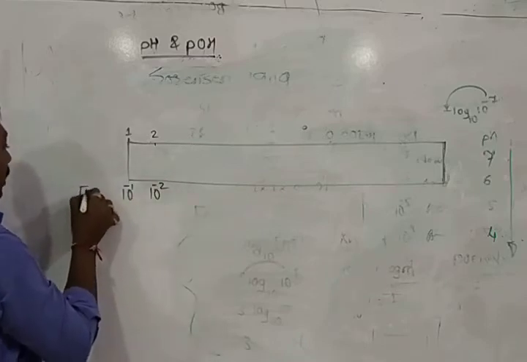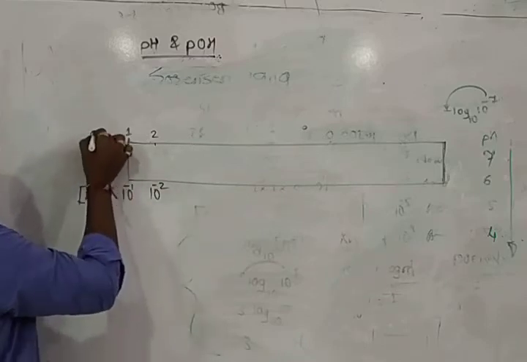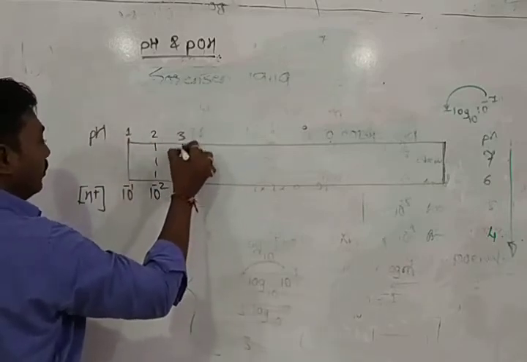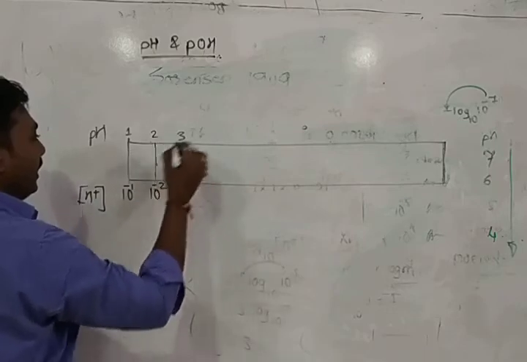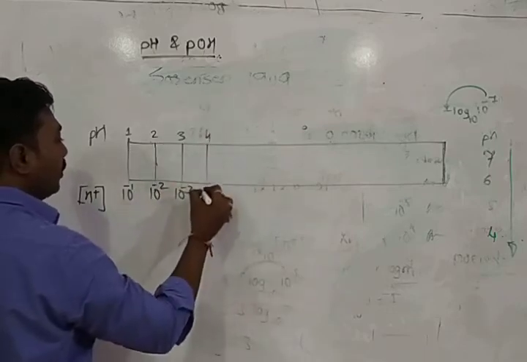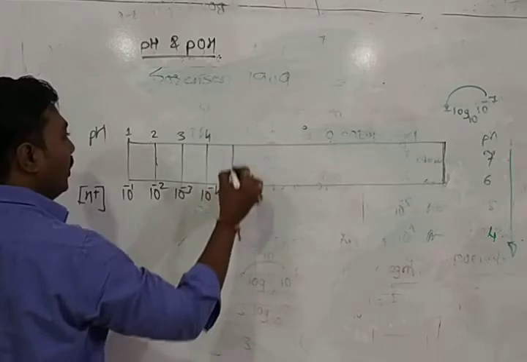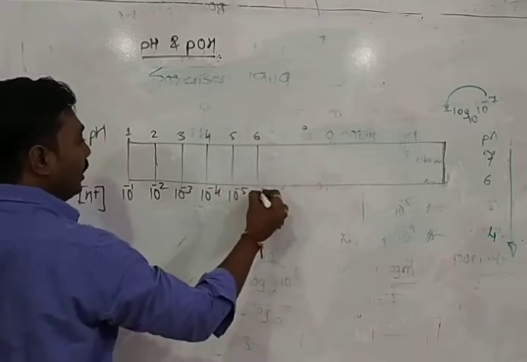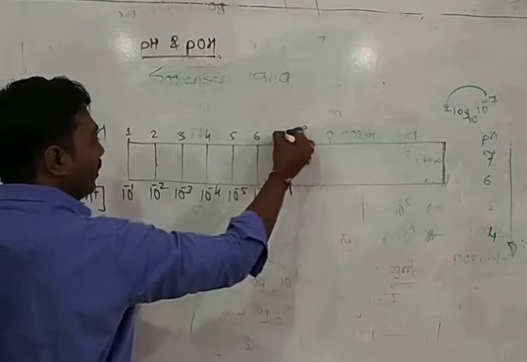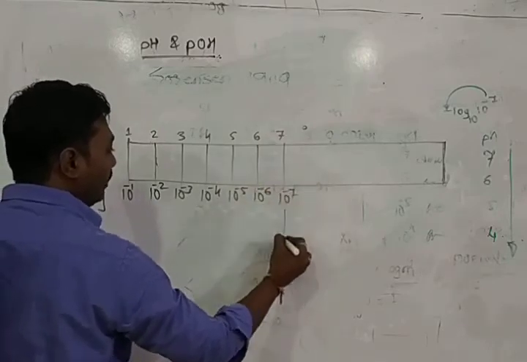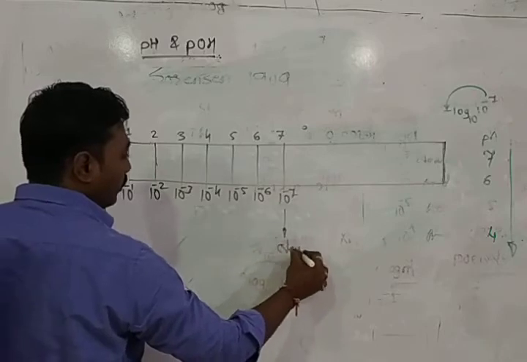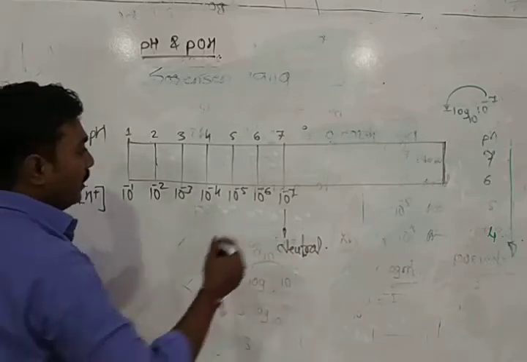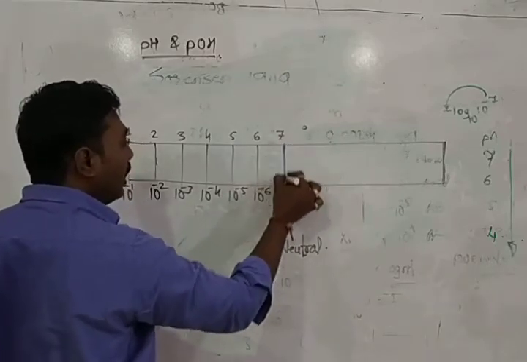These are the concentrations of H plus, and these are the pH values. For 3, 10 to the power minus 3. Or pH 4, H plus concentration 10 to the power minus 4. Or pH 5, 10 to the power minus 5. Or 6, 10 to the power minus 6. For 7, 10 to the power minus 7. This is the neutral point, and this solution is neither acidic nor basic.